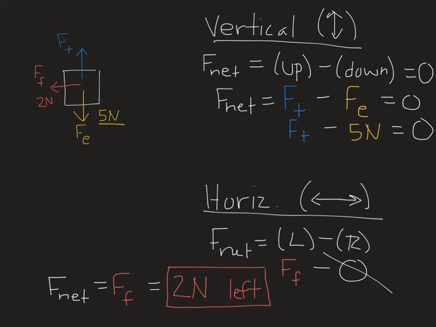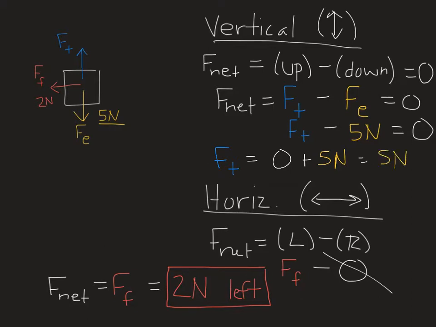We know Ft minus 5 newtons equals 0. So solve for Ft. Ft equals 0 plus 5 newtons, which equals what? 5 newtons. You're smart, look at that.